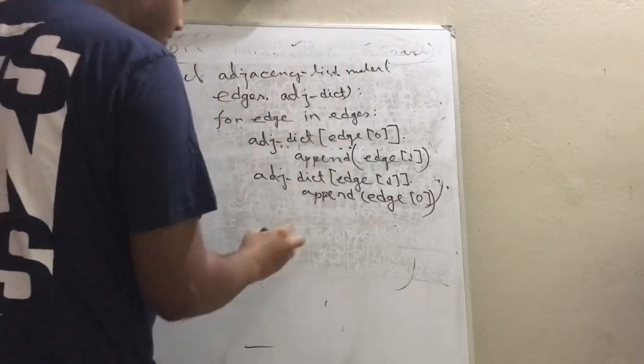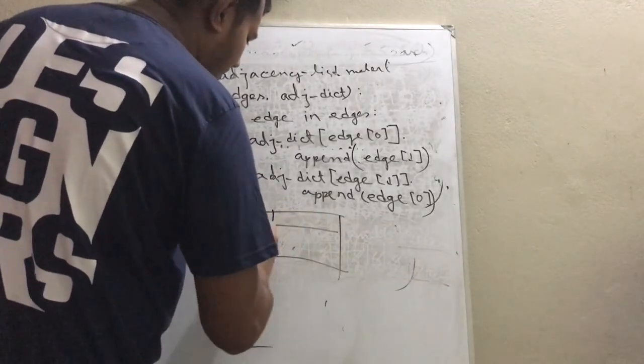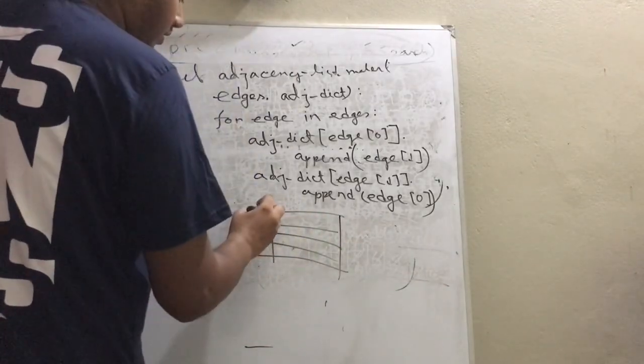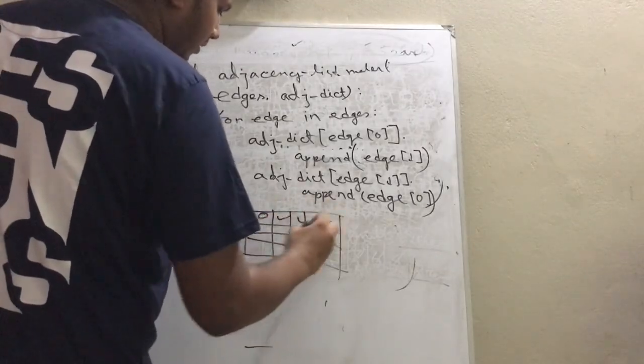This creates the adjacency list structure, that means this is a vertex and these are its neighboring vertices.